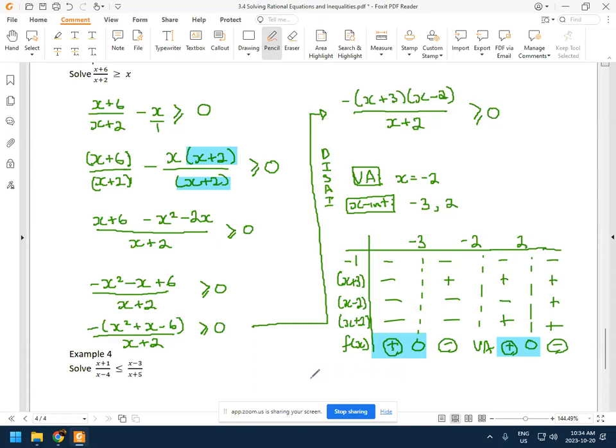So we have x plus 6 over x plus 2 is greater than or equal to the x itself when x belongs to negative infinity all the way to negative 3, including negative 3. Union, not including negative 2 because it's a vertical asymptote, but includes 2 because that is the 0 and we're allowed to have zeros. End of question.